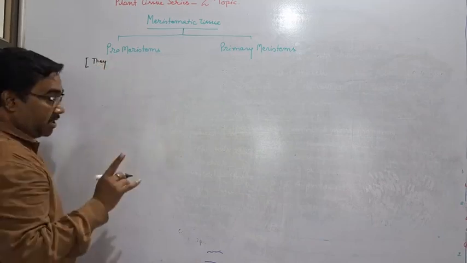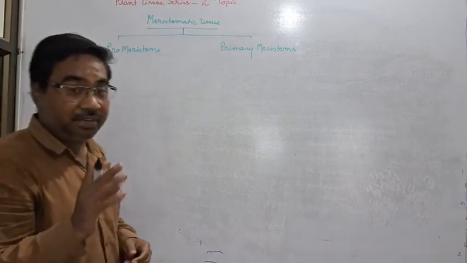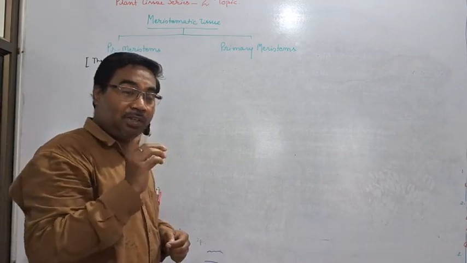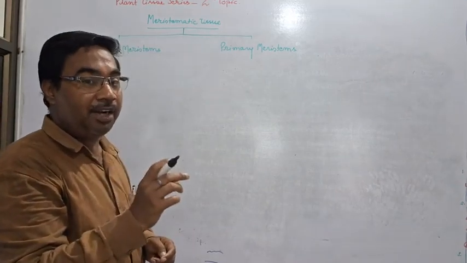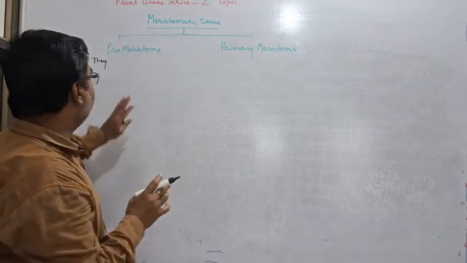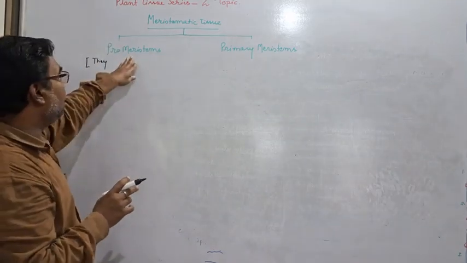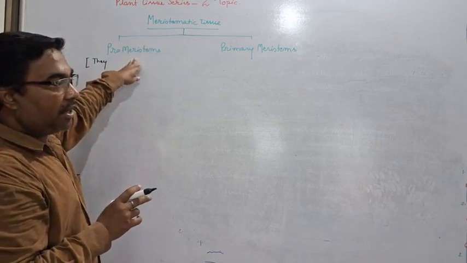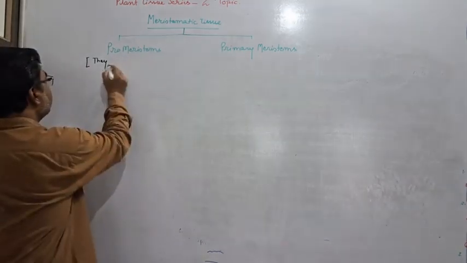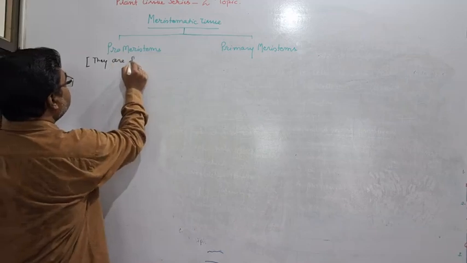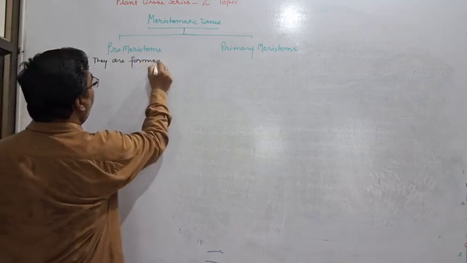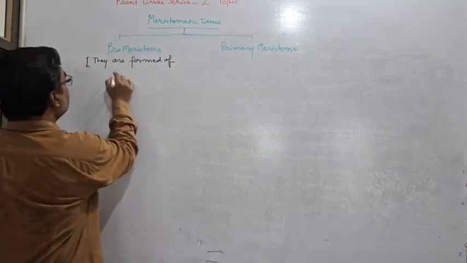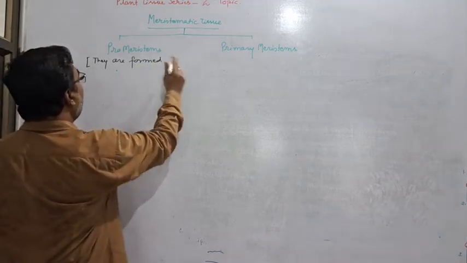It is very easy in biology to learn a word by the subheading or subtitle. So I am always giving a subtitle, how you can learn, how you can recognize this word. Promeristems are formed from embryo.